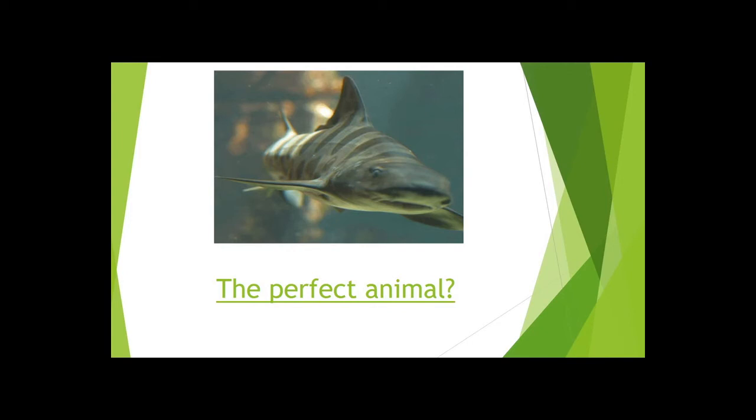Okay, so the perfect animal. So some of the things you could have seen is the white underbelly and the dark scales at the top. The reason that's an adaptation, the reason why this shark protects himself, is he is not the biggest shark, but he is still a predator.